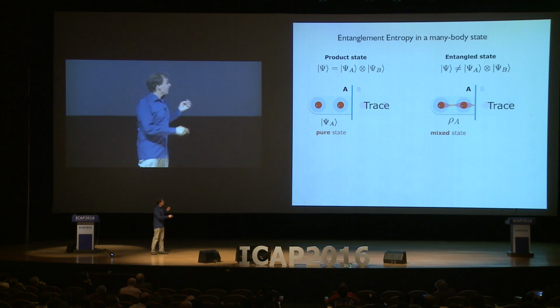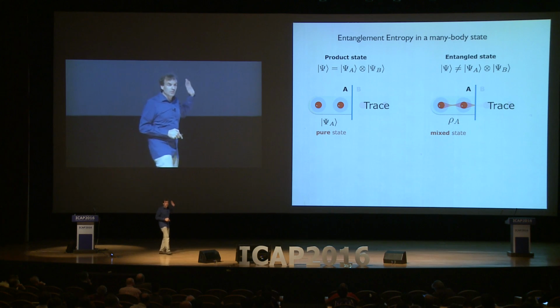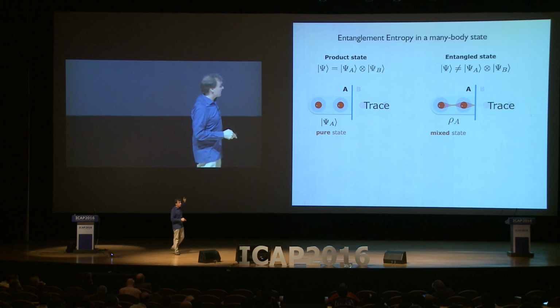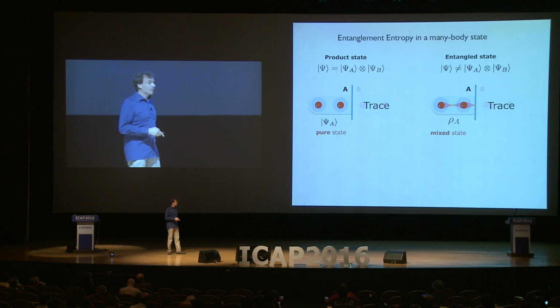And the amount of entanglement between A and B is quantified by how mixed the state will get. The more entanglement there is, the more this state will be mixed. If there's no entanglement, it will remain a pure state. So in this bipartite entanglement, the mixedness tells me about the amount of entanglement.